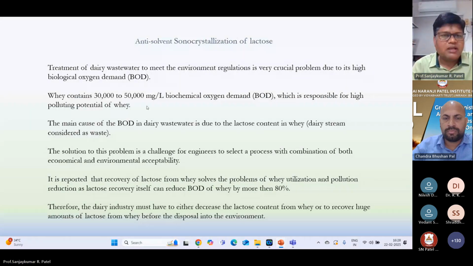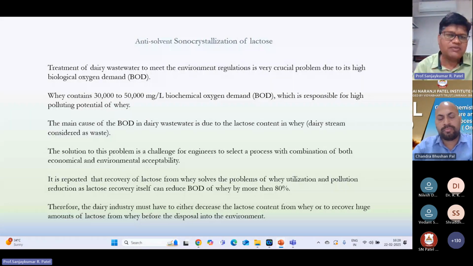Then we tried to find out the cause of the enhancement in the BOD, why the BOD is so high in such wastewater. Then we found that the main cause of the BOD in the dairy wastewater is the lactose content. Okay, the lactose concentration available in that wastewater increases the BOD and COD level.